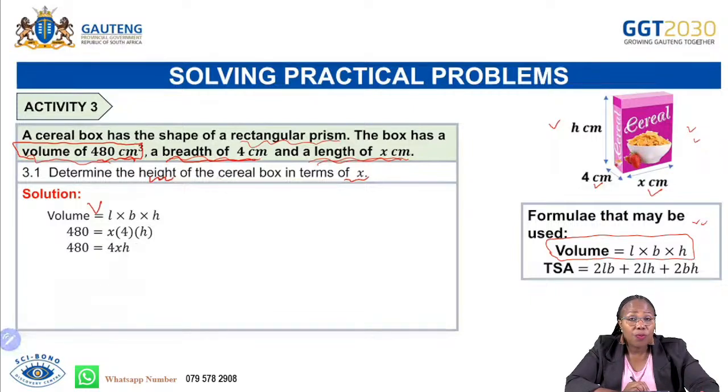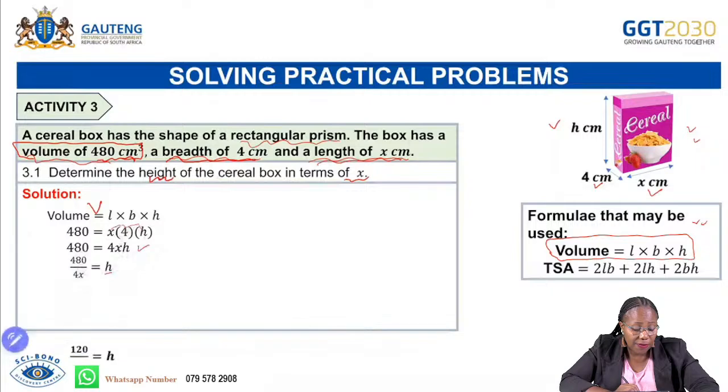So we are going to multiply the brackets out. 4 times X is 4X, times H, it will be 4XH as indicated there. And then we divide both sides by 4X so that we are left with only H on this side. Hence, on the left-hand side, we have 480 over 4X, for H there.